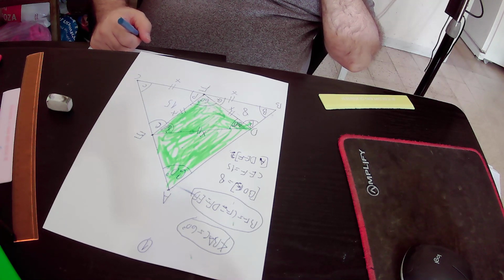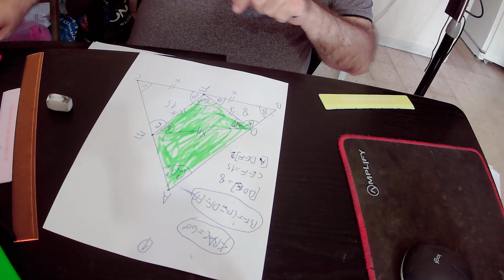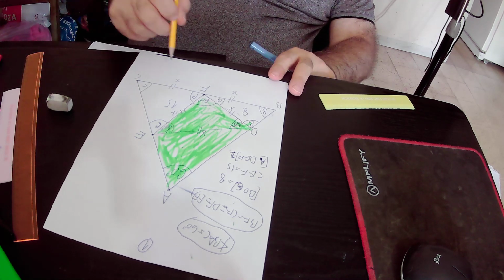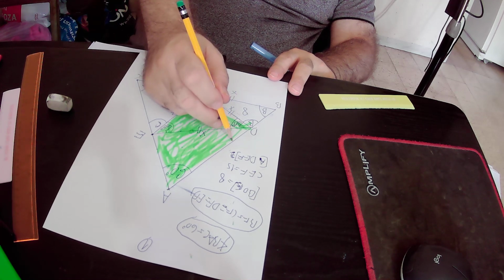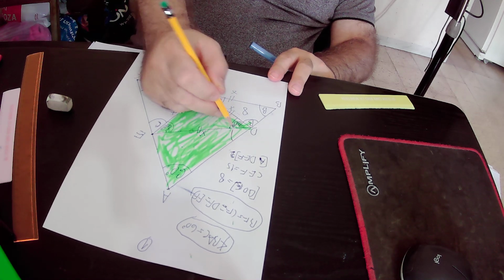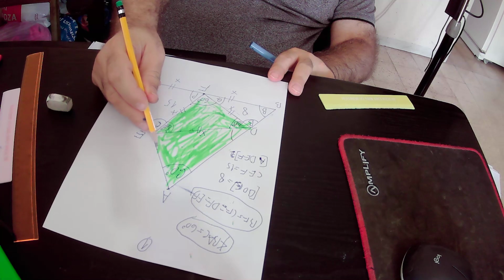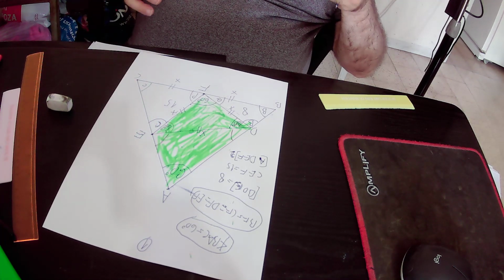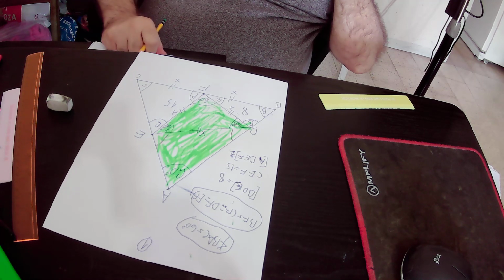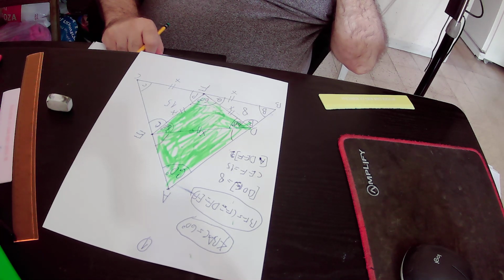In the next step, we will find out the size of angle ADE, the size of this angle, according to rule number 3, that states that the sum of the angles on a straight line is equal to 180 degrees.